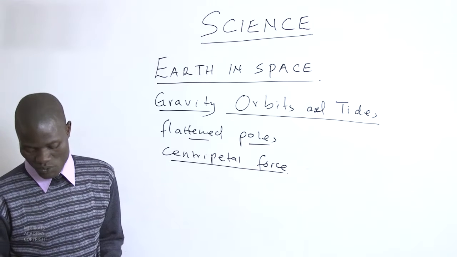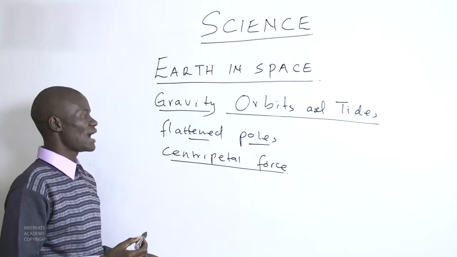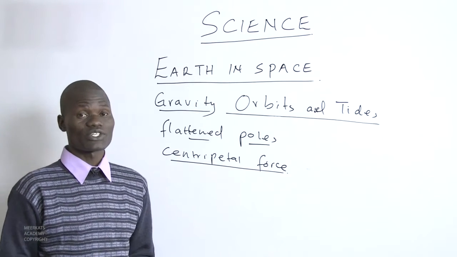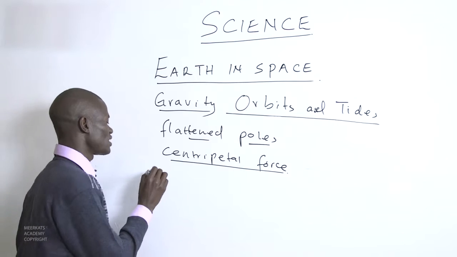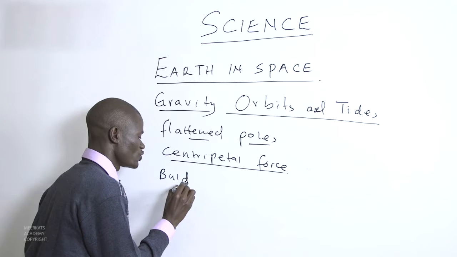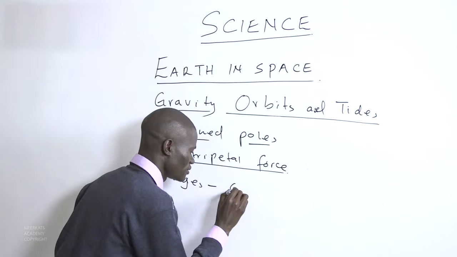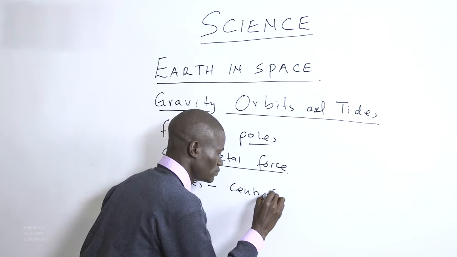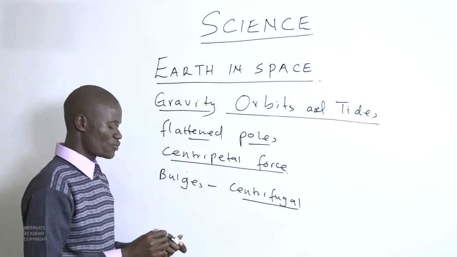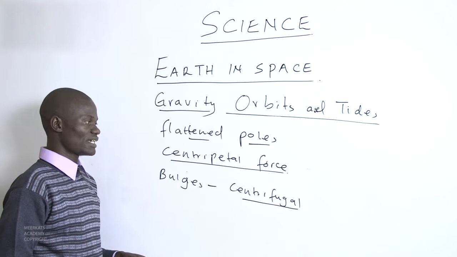And then another force makes the Earth bulge outwards, especially at the equatorial region. The force that makes the Earth bulge, we call centrifugal. These are two major forces that play a role in the shape of the Earth.